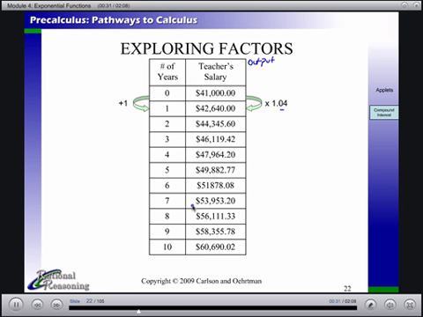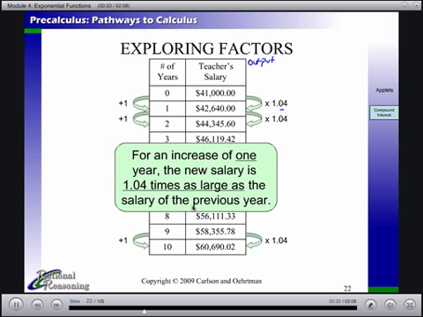It always is that 1.04 to get the next unit of output, no matter what year you start at or what input you start at. So for an increase of 1 year, the new salary is always 1.04 times as large as the salary of the previous year. So this is review.